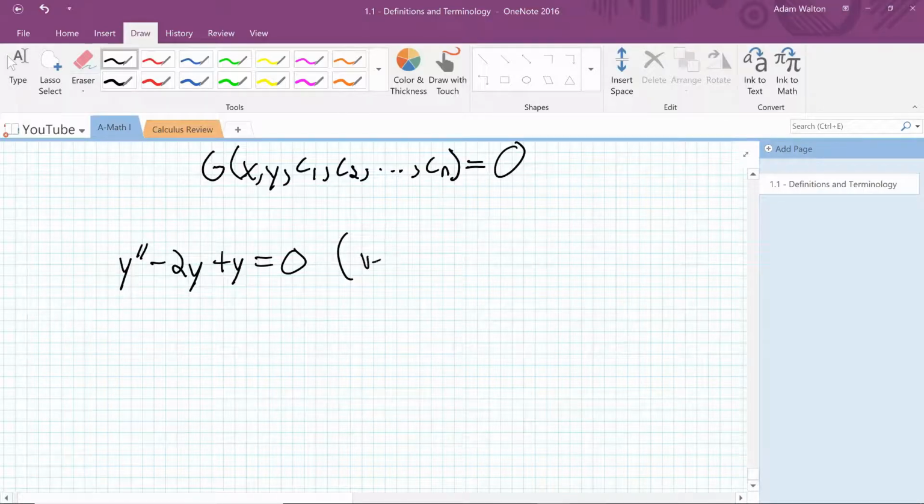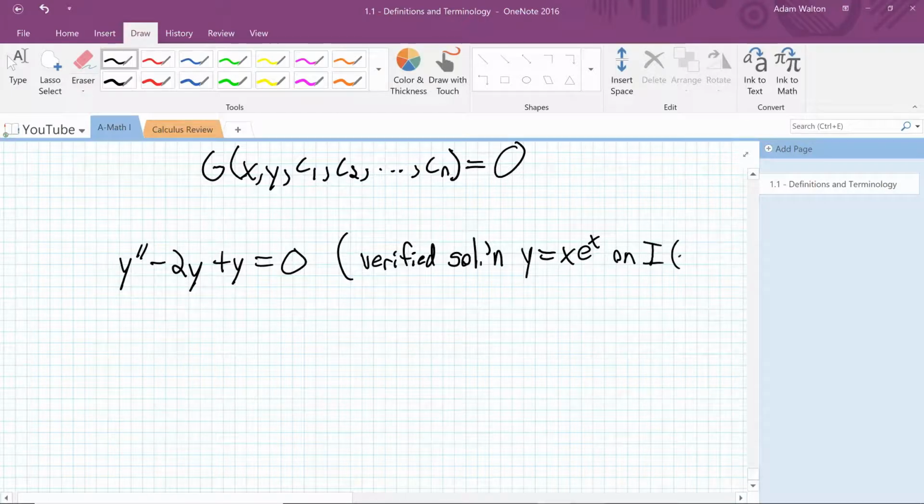That verified solution was y = x e^x on the interval I, negative infinity to positive infinity.